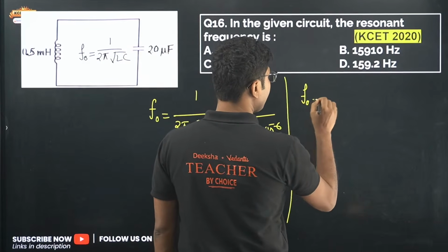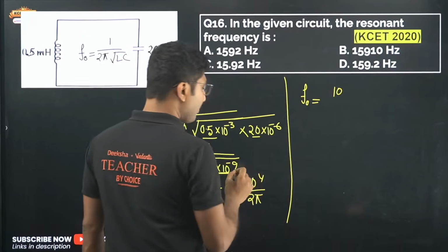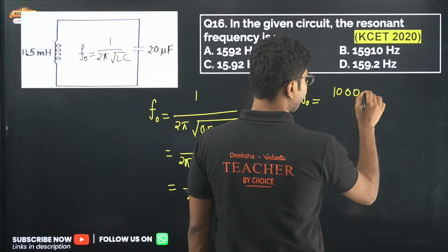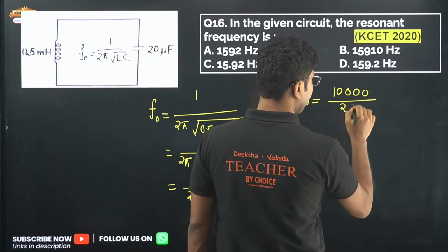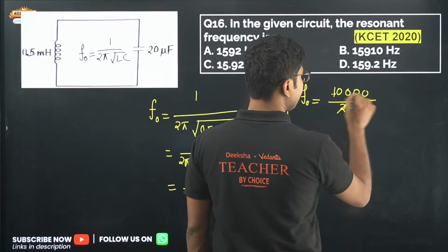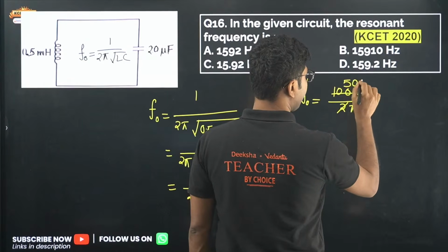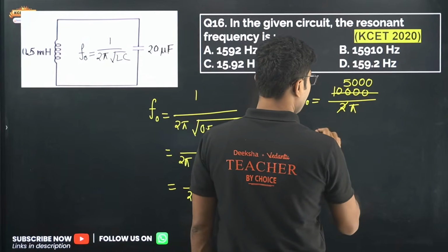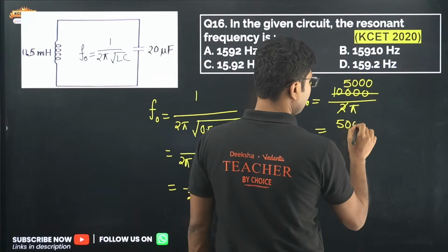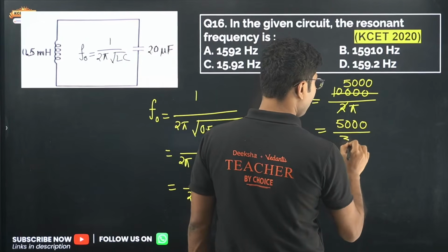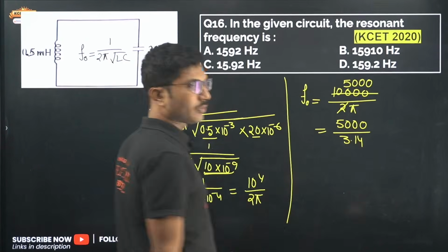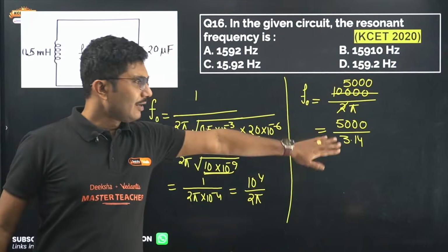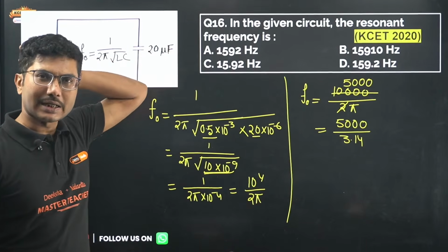So f naught equals 10 to the power of 4, which means 10,000, divided by 2 pi. If you cancel, you will get 5,000 by pi. What is the value of pi? Value of pi is 3.14. Now you have to decide which one is the correct answer.